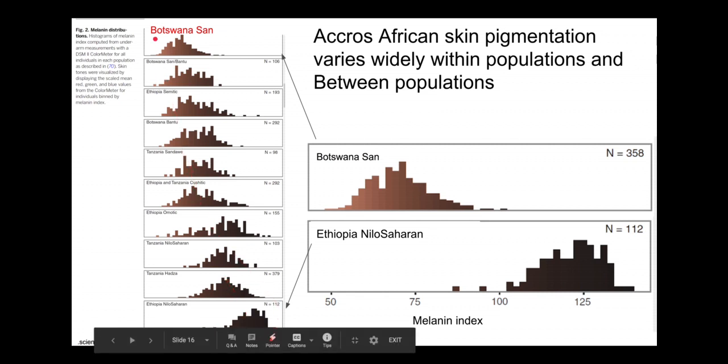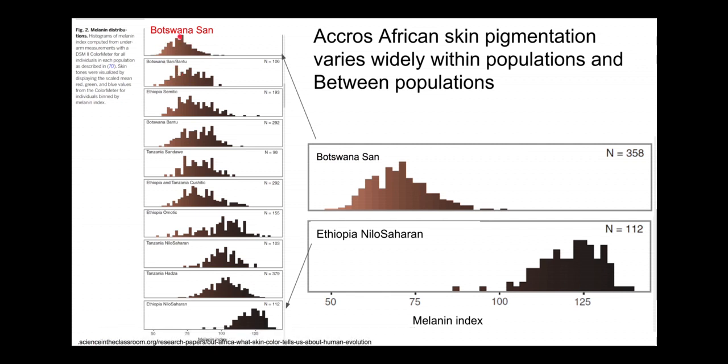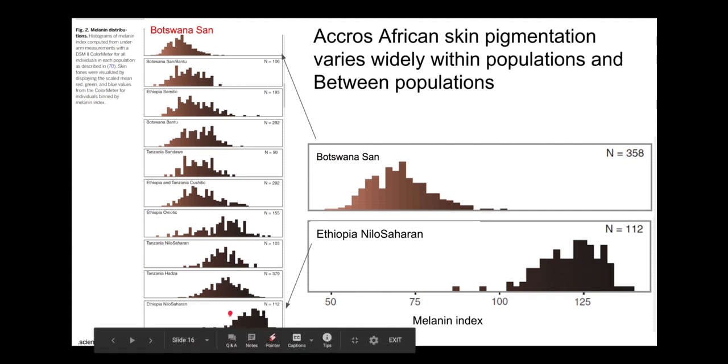So throughout the continent there is wide variation between populations, and within each population there's wide variation. For example, the Botswana San are relatively lightly pigmented overall, but the darker pigmented individuals would actually fit in within this Ethiopian group, the most highly pigmented group.